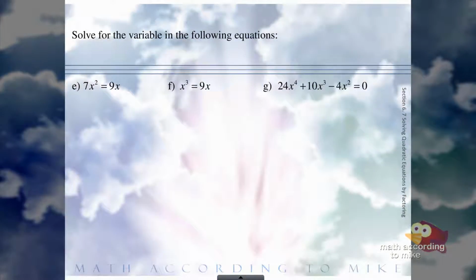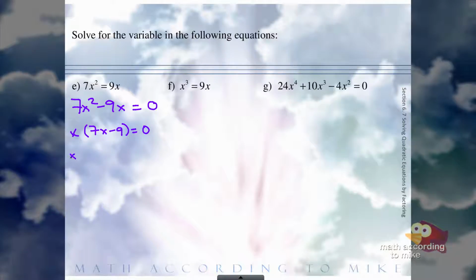Now let's try a couple more. In part E, we are not in standard form. Remember, that is step 1. So we are going to subtract 9x from both sides. And now we'll factor. We'll take out an x. Remember, that's the GCF. And we would be left with 7x minus 9.